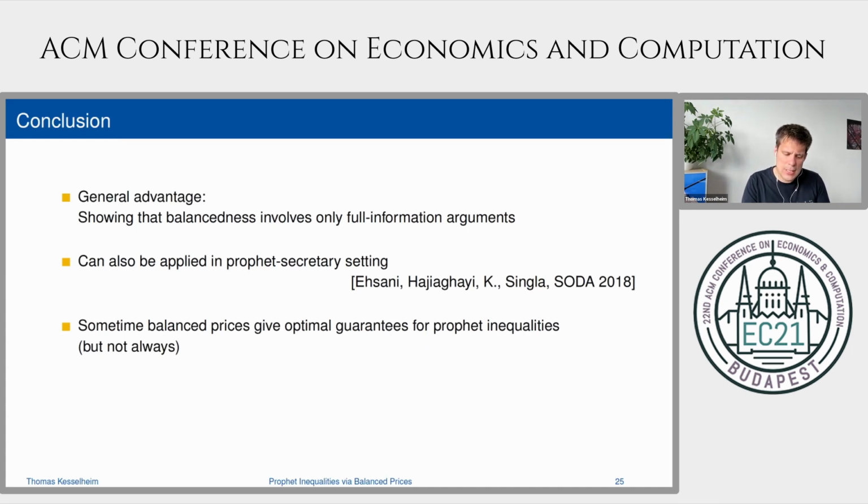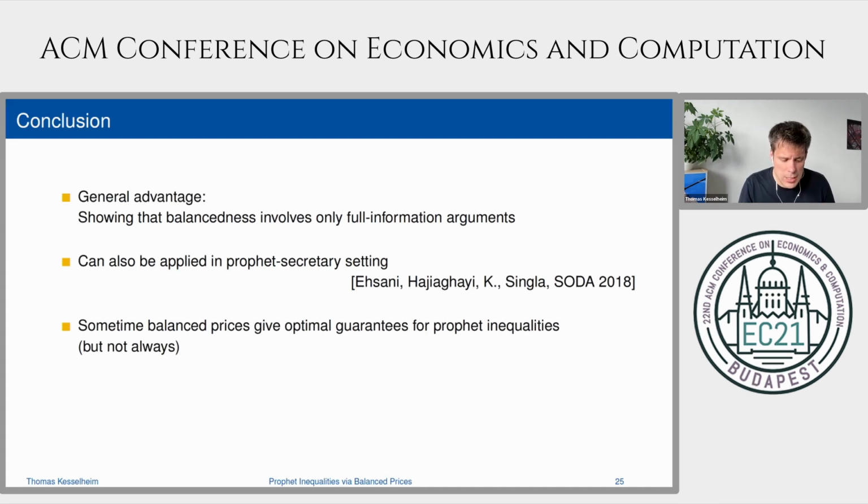And in other settings where the order is just 1, 2, 3, and so on, sometimes you get optimal guarantees, for example for the single item setting, for XOS valuations, for Matroid profit inequalities. There you will actually get the optimal guarantees out of balanced prices. For other settings, we don't know, or it's just not true.